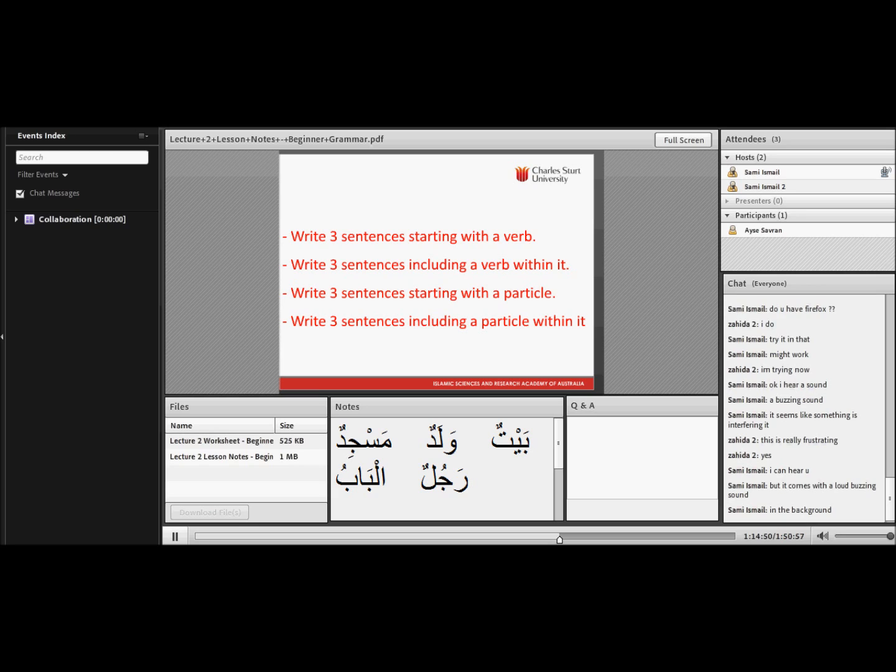Maybe they use the same word for it, but generally qalam was used for pen. Let me just have a look at the dictionary. They normally say pencil as qalam rasas. But that's a hard one. We don't need to worry about it.